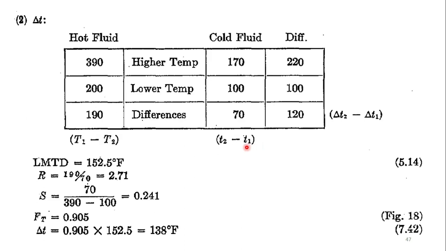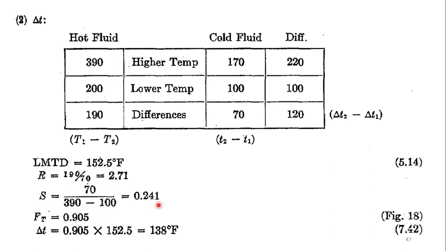The next step is to determine the true temperature difference. First you need to write down the hot fluid temperature and the cold fluid temperature differences. Then you need to put the values in the temperature ratios, that is R and S, and then perform the calculations for the LMTD, assuming counter current flow.